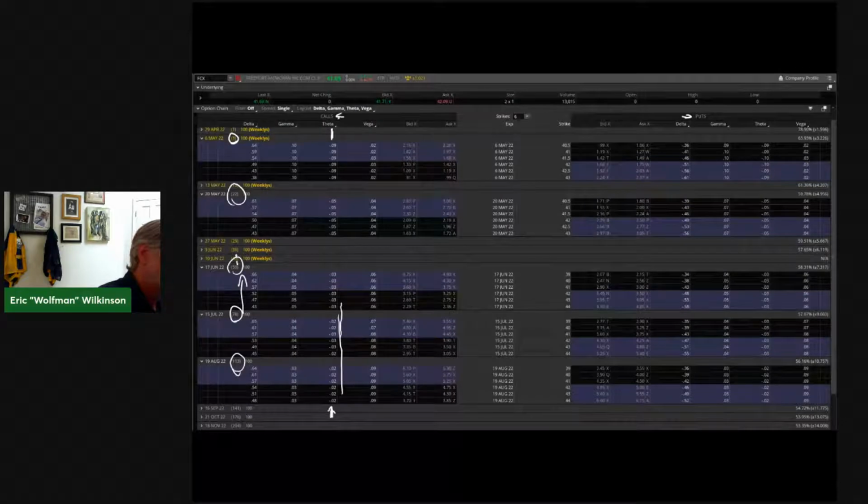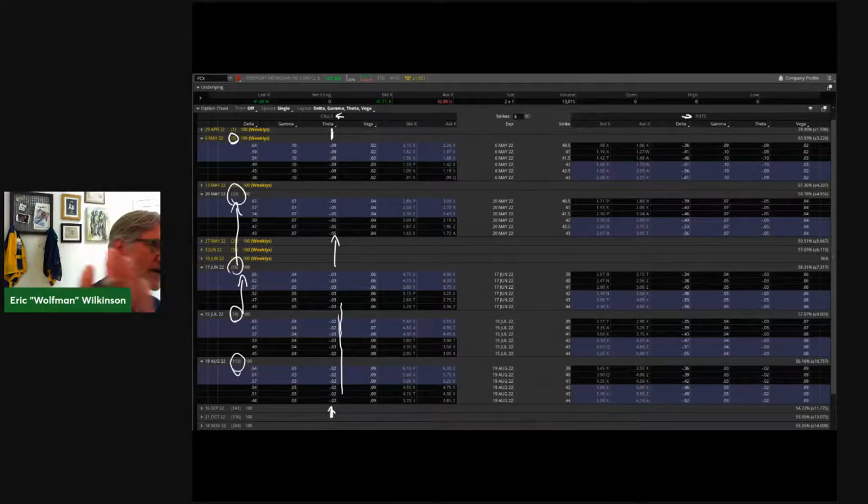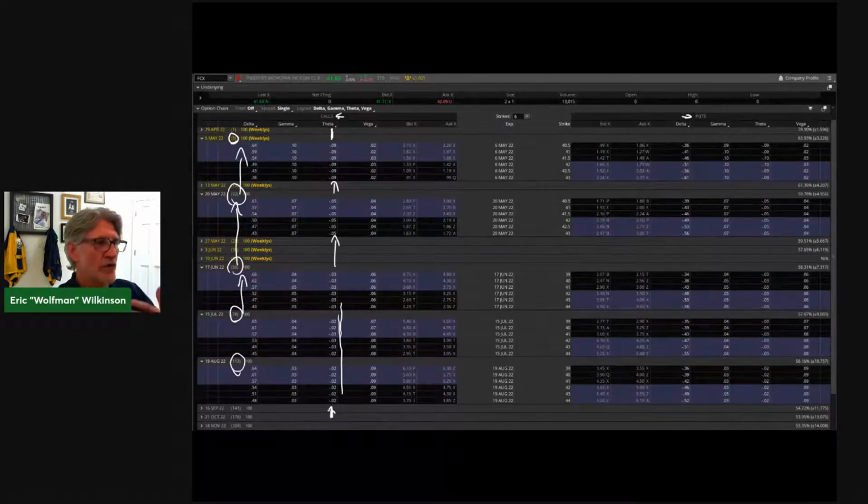If I had gotten involved from here to here, look what happens. The theta starts almost doubling. As a matter of fact, we go a couple more days and that's probably going to be doubled. And then you go in to less than 15 days, and it almost doubles again. So you can see how this starts really increasing as you go out.